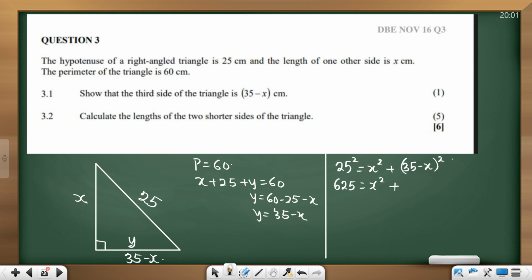Expanding, 35 times 35 is 1225, and 35 times x multiplied by 2, negative 70x, minus x squared.